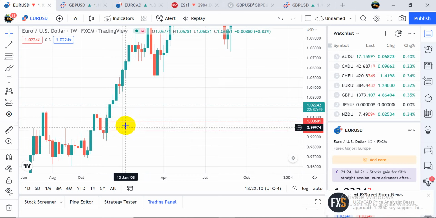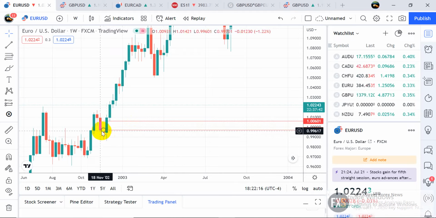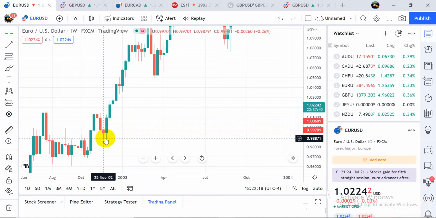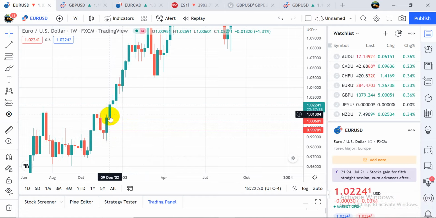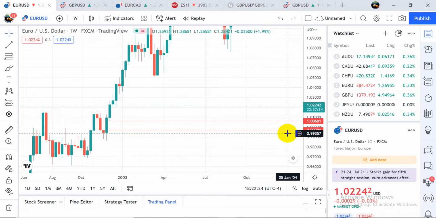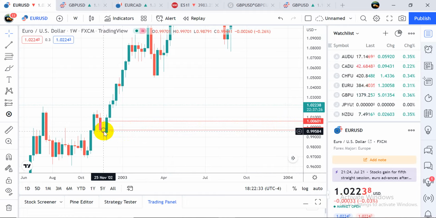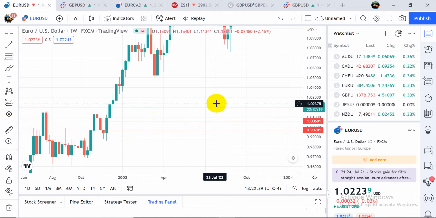The space between it denotes the fair value gap on the weekly time frame, and this is actually a very nice order block. You can see an impulsive move that broke market structure, and you can see that price came back later in the future to fill in this gap and pushed lower, to tap into this fair value gap, and tap into this order block right here, which is a strong order block.